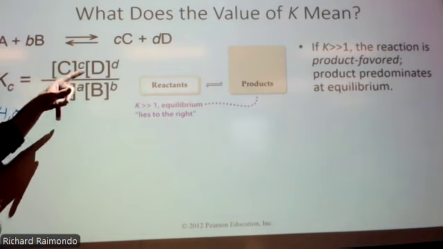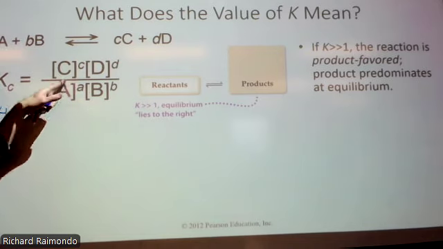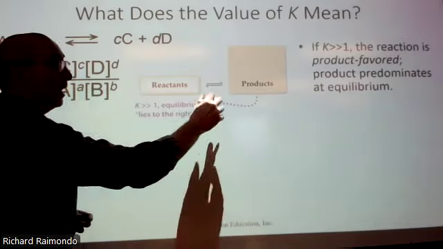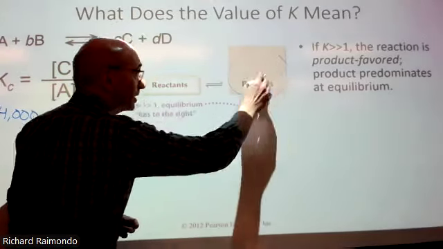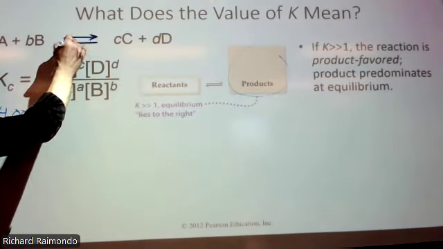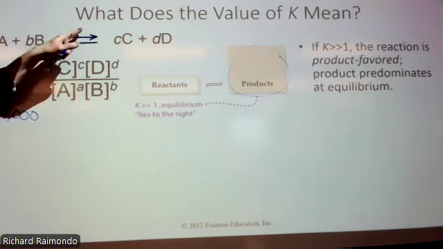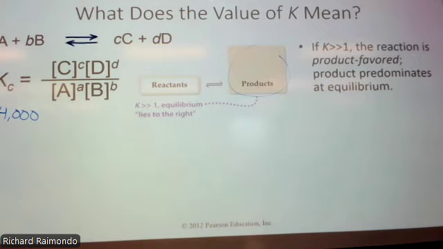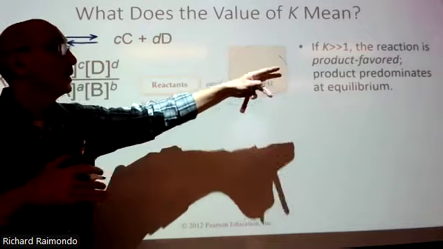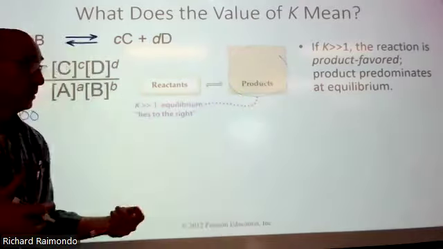What this means is, if the numerator is high, we have a very high concentration of products. We're still at equilibrium, right? It's still dynamic, still going back and forth. These rates are equal, but when those rates become equal, we have a lot of product. We have a high concentration of product. We could say that it's product favored.